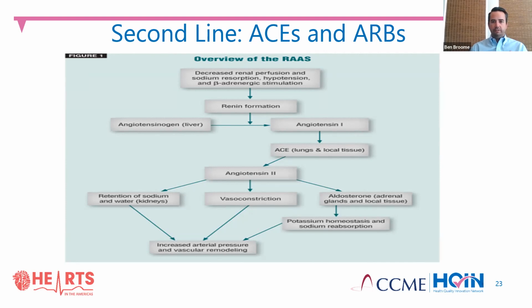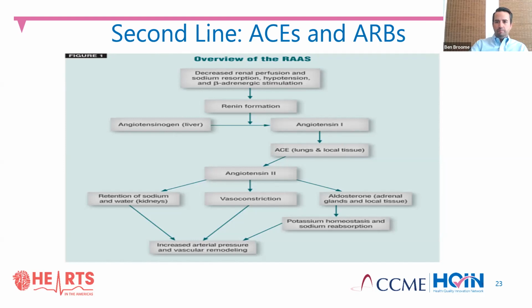The medications at our disposal that affect this pathway, we're all probably very familiar with. So our ACE inhibitors try to block the conversion of angiotensin 1 to angiotensin 2. And our ARBs, or angiotensin receptor blockers, work on the very downstream parts to not allow these active molecules to even bind with receptors to cause their results.